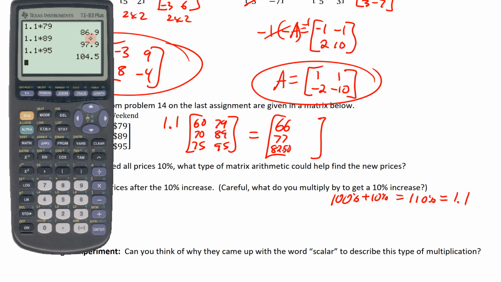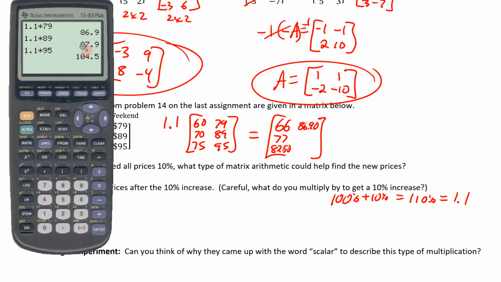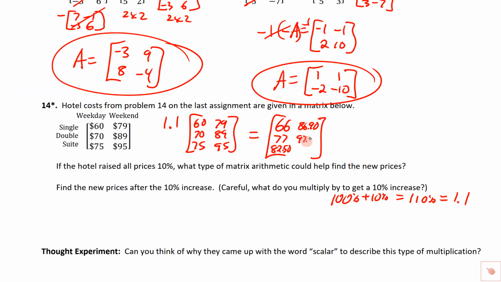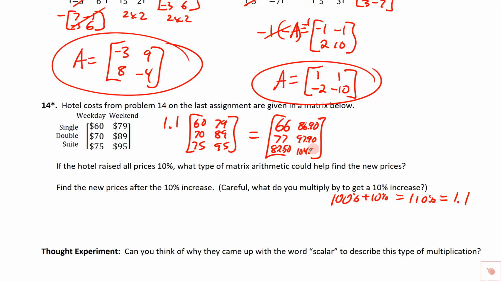Okay, so we've got 86.90, 97.90, and the last one was $104.50. So 104.50, and that right there would be the answer. So scalar multiplication is what we would do to help take care of that.